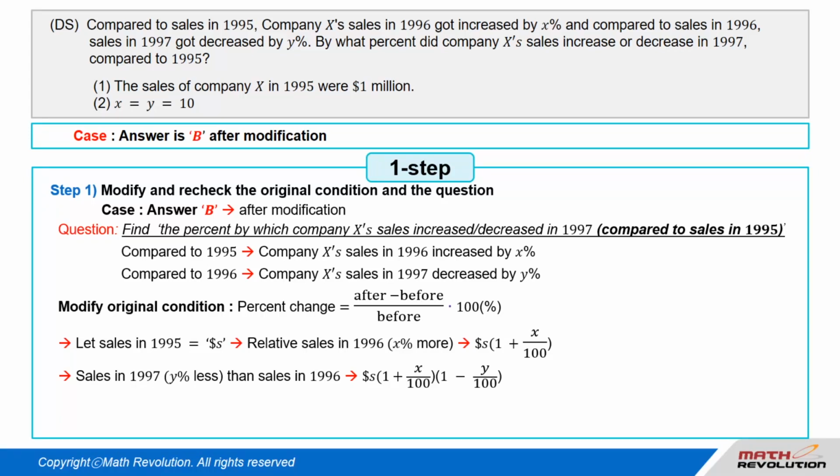The modification can seem daunting at first, but it gets easier with practice. The percent change is equal to dollar amount S times 1 plus X over 100 times 1 minus Y over 100 minus dollar amount S over dollar amount S times 100%.